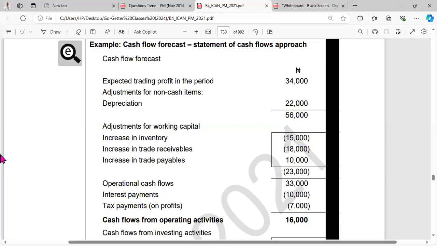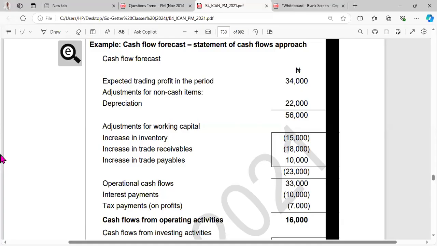Now, when we say adjust for working capital, if from the beginning of the period to the end of the period there is an increase in inventory, let's say at the beginning of September, your inventory was worth 5,000. Then at the end of September, your inventory is worth 20,000.